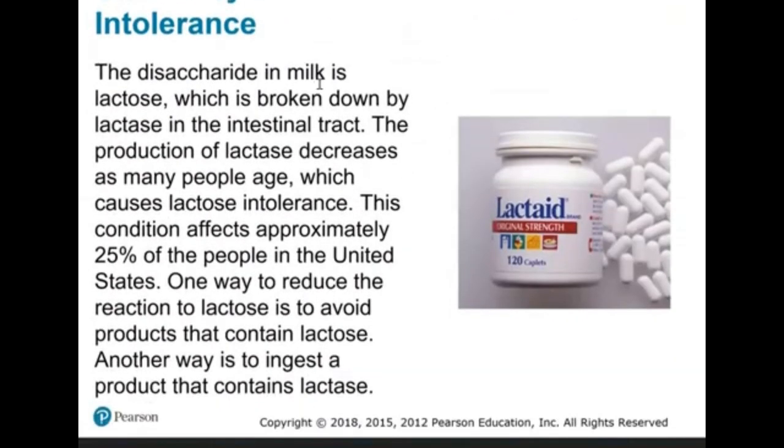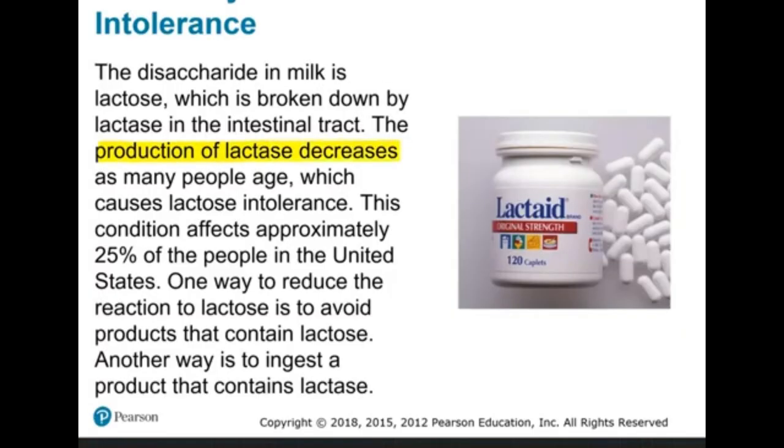So some people are intolerant to lactose. Some people are intolerant to lactose genetically. They produce very low levels of the enzyme.